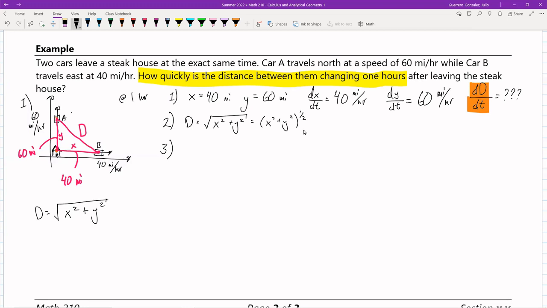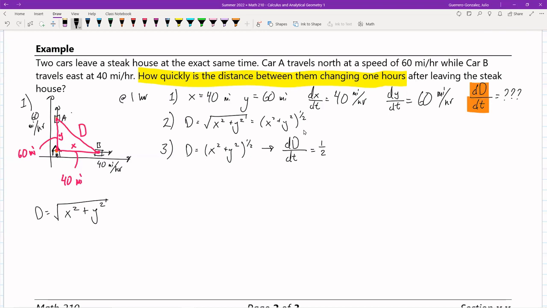So I'm going to start off. I know that d is equal to x squared plus y squared to the 1/2. So if I take the derivative of both sides, this is going to be dD over dt, which is equal to, I need the derivative of something to the 1/2.